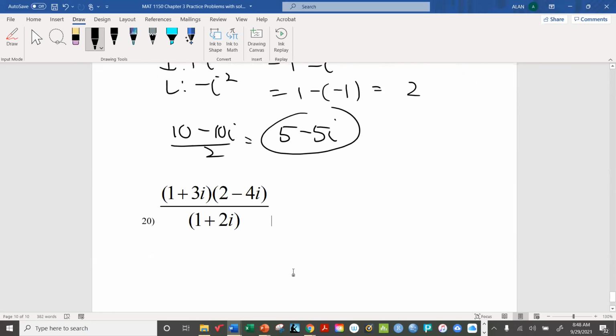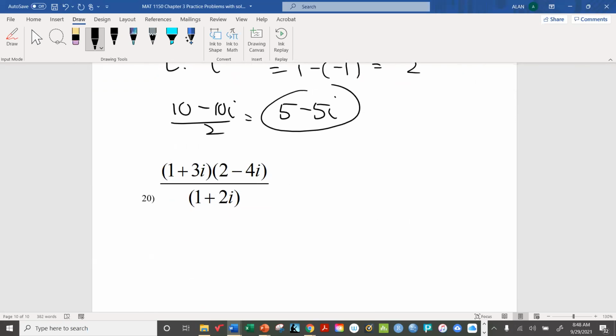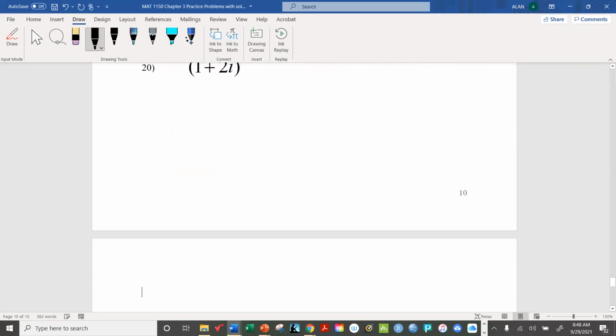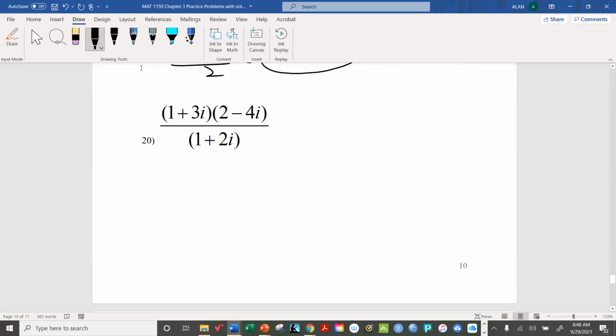It's a bit of a mess because the FOIL in the numerator is going to lead to a... well, no, it's not that messy. It's really no different than what we've been doing. So for the numerator, we'll apply FOIL.